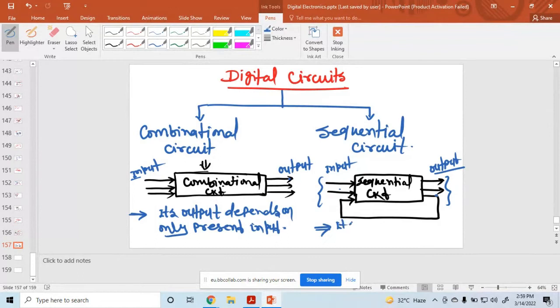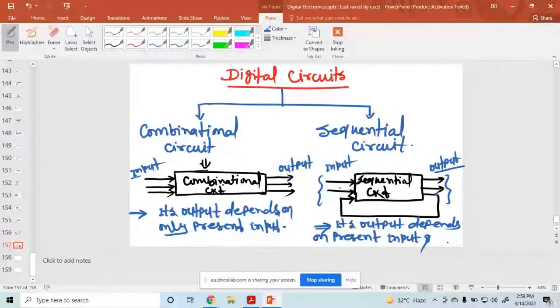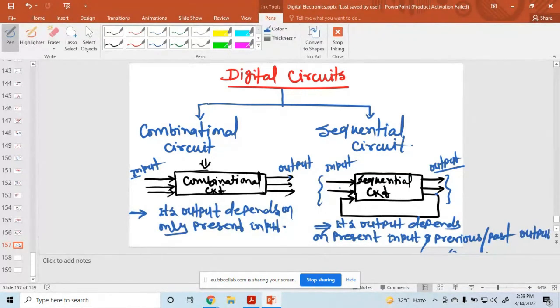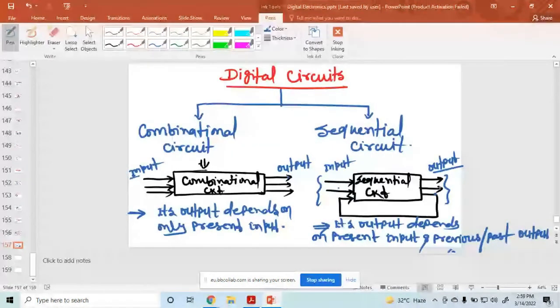So its output depends on the present input and the previous or past output.